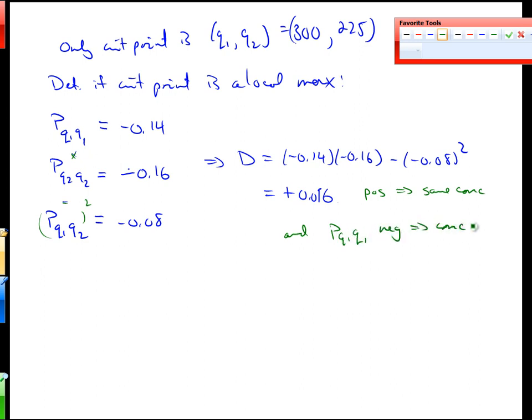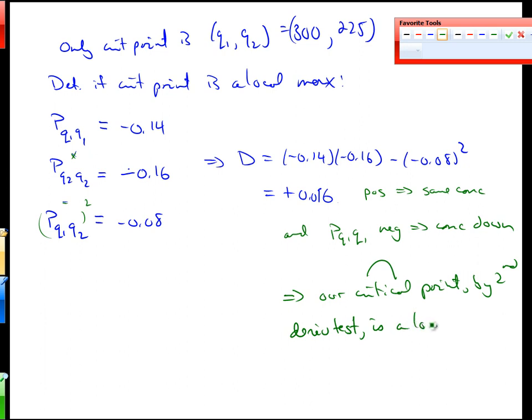That implies concave down, negative concavity, and that means that our critical point by the second derivative test is a local maximum for the profit function.